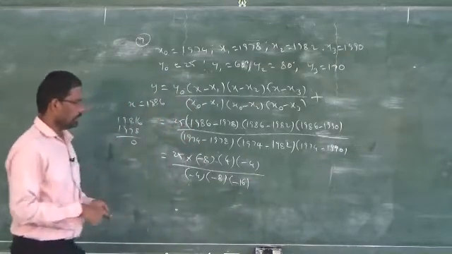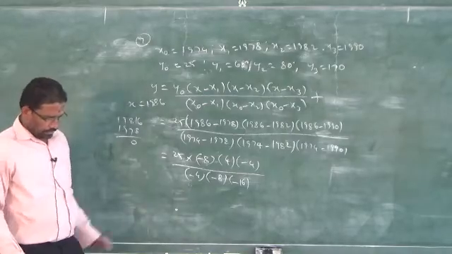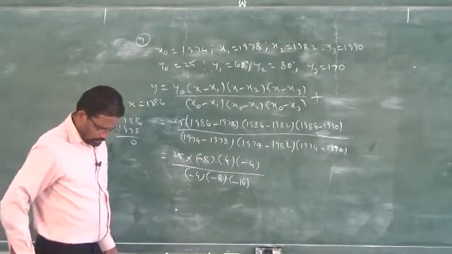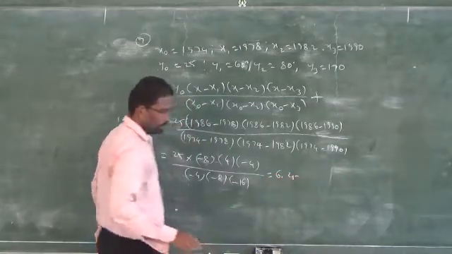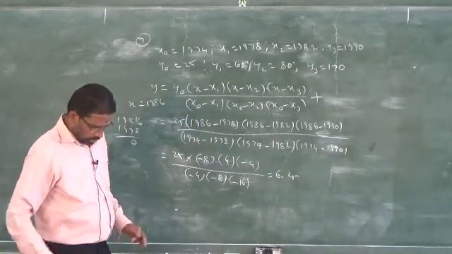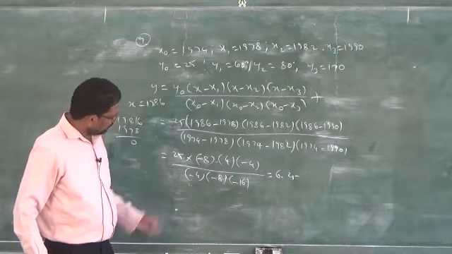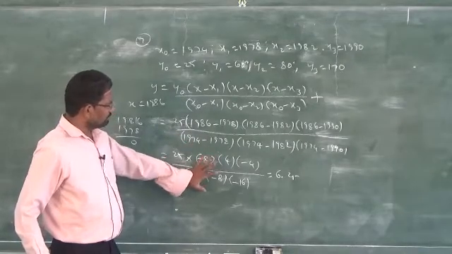Use the calculator. You have to subtract carefully; you will get a negative answer. So when you simplify this, you will get 6.25. These are normal simple calculations.